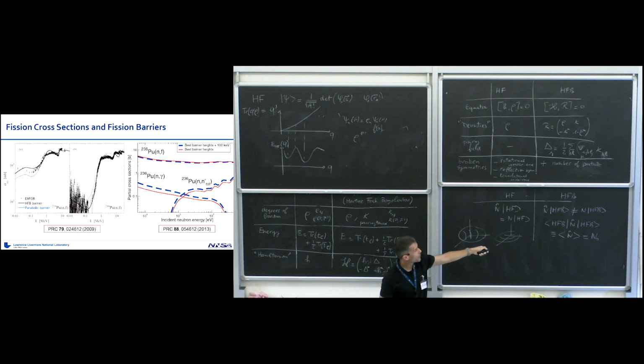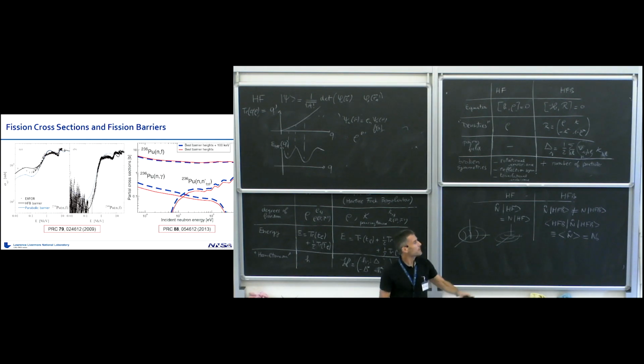The dashed blue curve is what you get if you take a parabolic barrier, an inverse parabola, controlled by a height and a width, and you fit those parameters to some data. If you do exactly the same calculation, but the only thing you change is the barrier, and you take it from an HFB calculation, you get the black curve. Now, I will let you decide which one is the best.